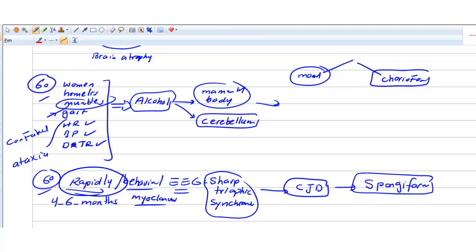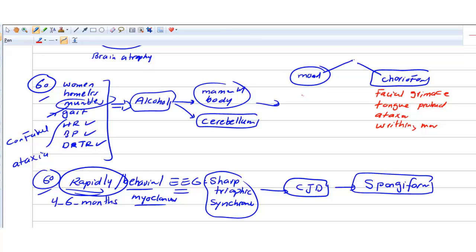There are a lot of choreiform movements, like facial grimaces, and tongue protruding is also a choreiform movement. Ataxia you can consider in choreiform movement, writhing movement or dysarthria. All of these are choreiform movements. Now, the mood problem here.